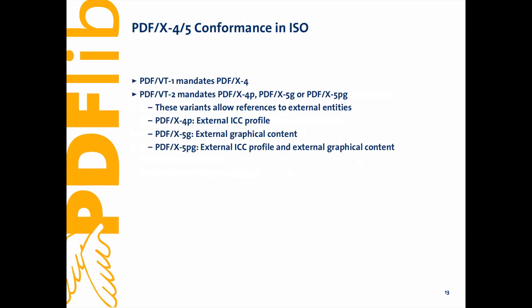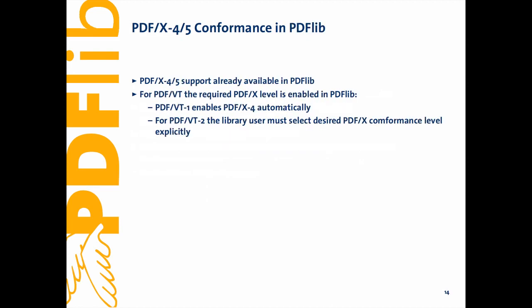So PDF-VT1 requires PDF/X-4, and PDF-VT2 mandates one of the PDF/X standards that allow for external content, for external ICC profiles and external graphical content. And we had that already.